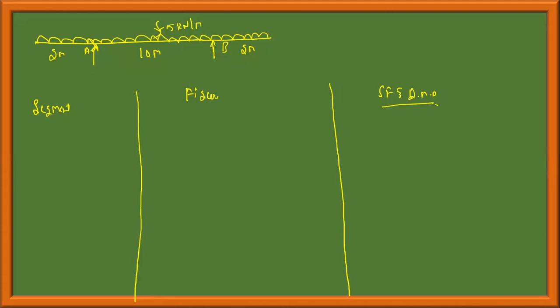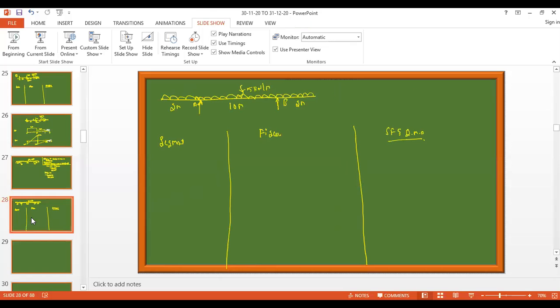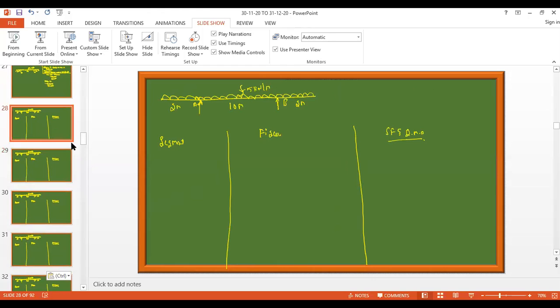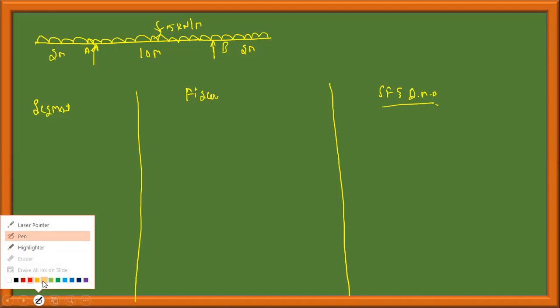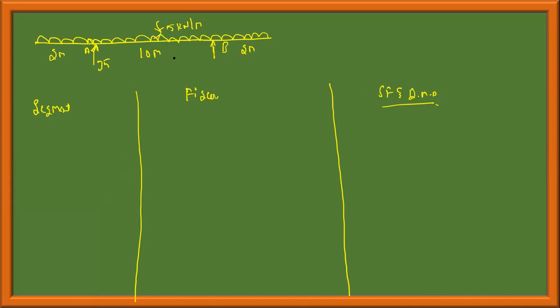Give me a moment. RA and RB are 35 kilonewton each. 35, 35. Okay.